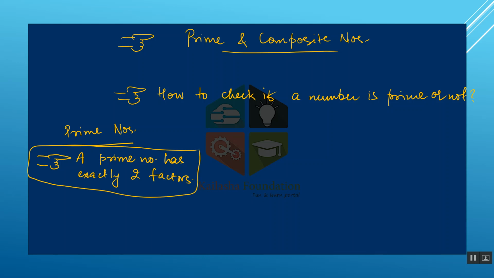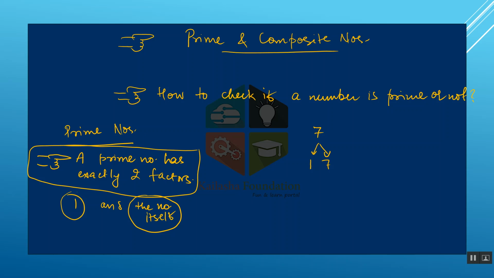Now, when we go further to explain this, we understand that the two factors of a prime number are 1 and the number itself. For example, 7 is a prime number because it has exactly two factors, 1 and 7. 1 divides 7 completely and 7 divides 7 completely. Nothing else divides 7 completely.